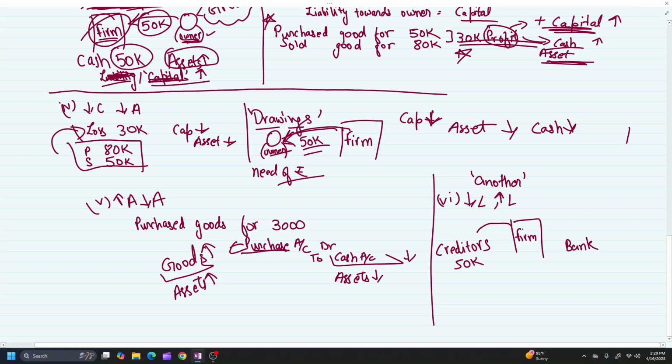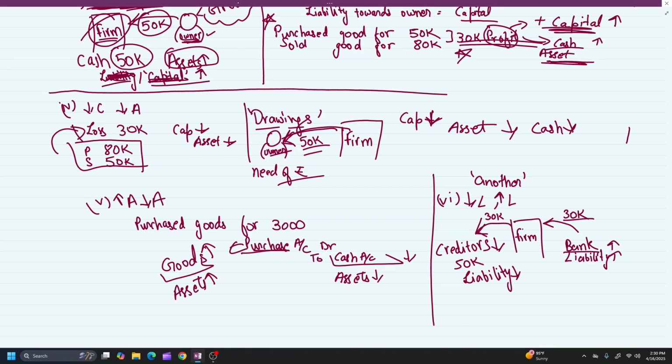For paying 50k to the creditors, let's say you didn't have money. What you'll do? You'll take money from the bank. You took money from the bank, that is 30k. So bank, that is your liability, increases because bank you will have to pay 30k now, and you gave this 30k to the creditor, so now your liability towards creditor decreases. Got it? So these were the examples.